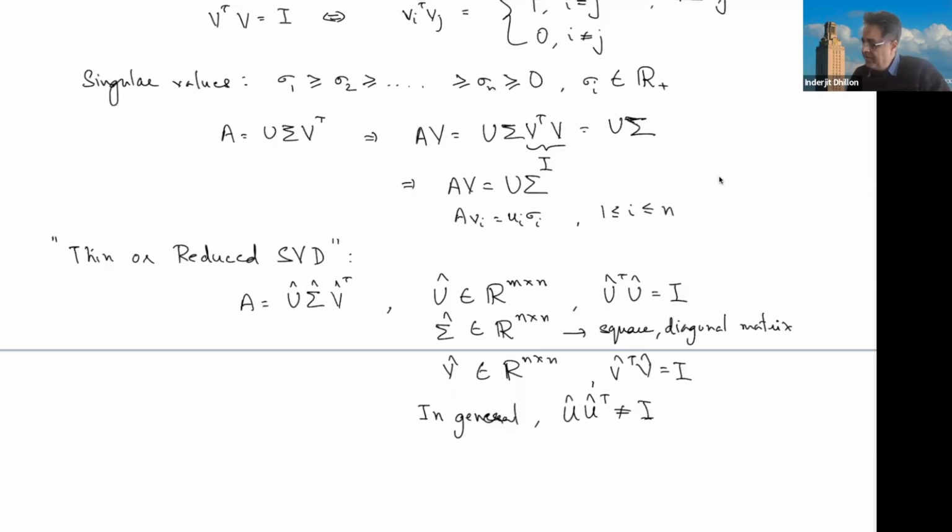On the other hand, when m is greater than or equal to n and V hat is square, which means that V hat transpose is the left inverse. When you have a square matrix, the left inverse is the same as the right inverse. As a result, you actually have that V hat V hat transpose is equal to the identity. Okay?